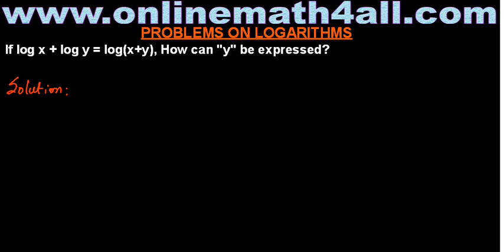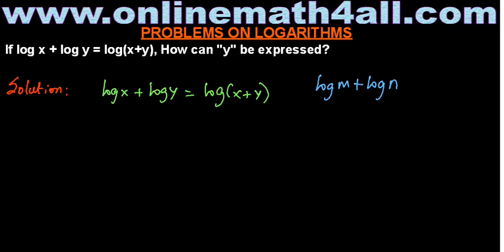Now I'm going to use the information we have in the problem, that is log x plus log y is equal to log of x plus y. I'm going to use this information and find how y can be expressed. We have three fundamental laws in logarithms, and I'm going to take one of them: log m plus log n.